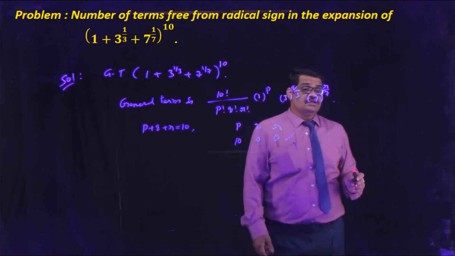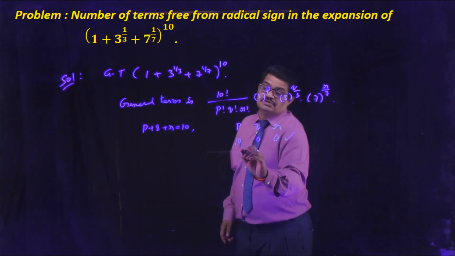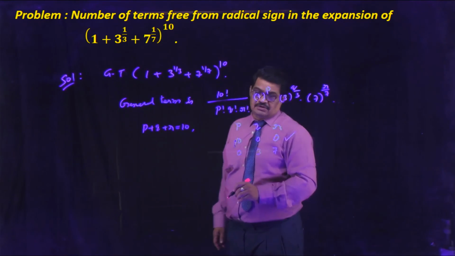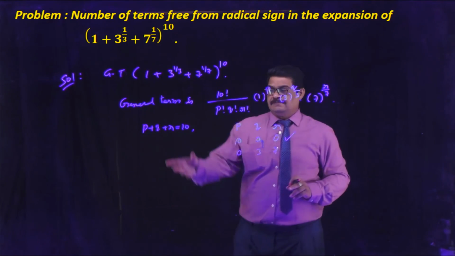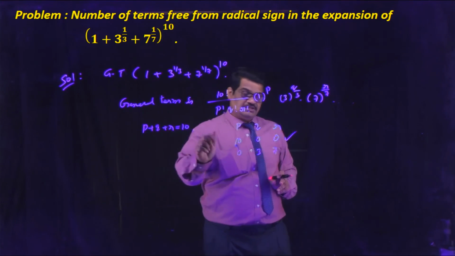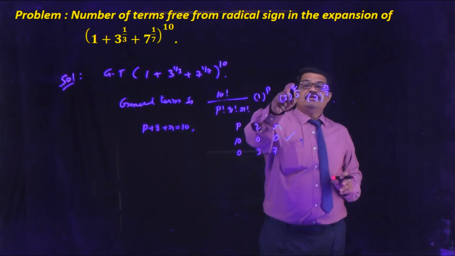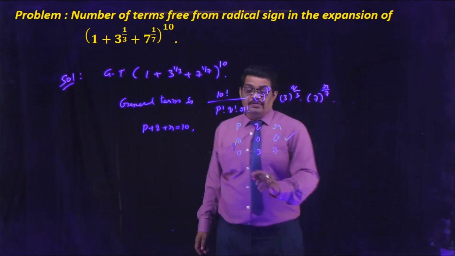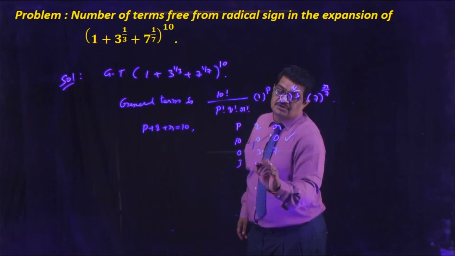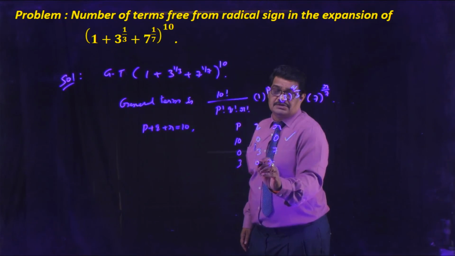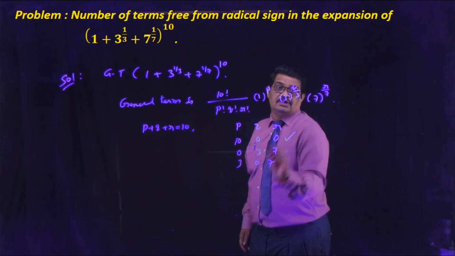Next we have taken another chance. This is 0, this is 3 and this is 7.